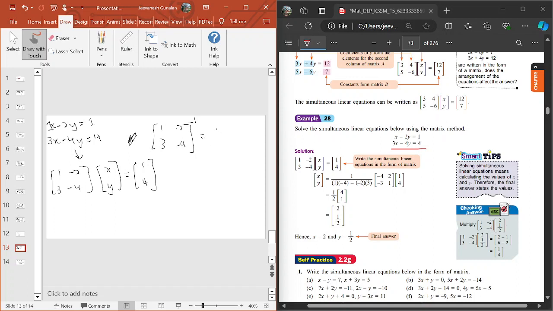Well, you take 1 over 1 times -4, you get -4. Then you minus the multiplication of this and this, so you get -6. So -6. And now for the matrix, you would swap this, you get -4, 1.